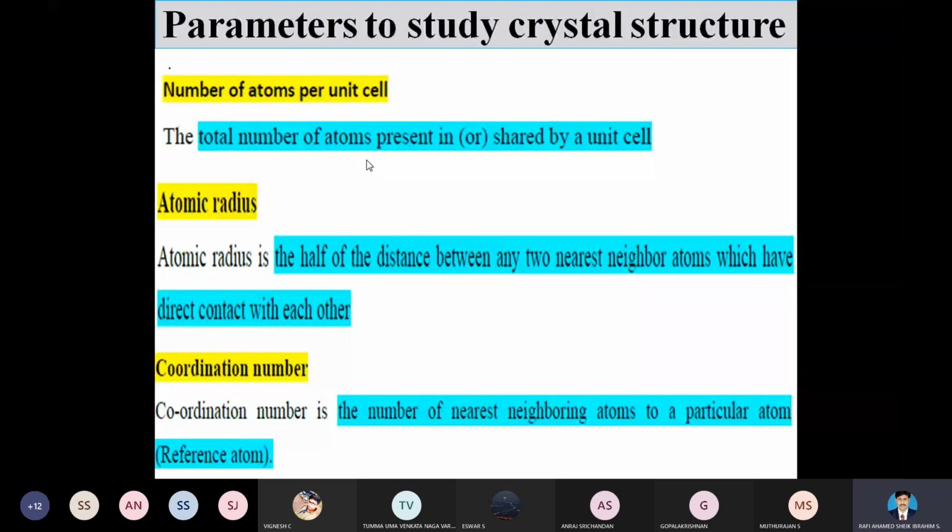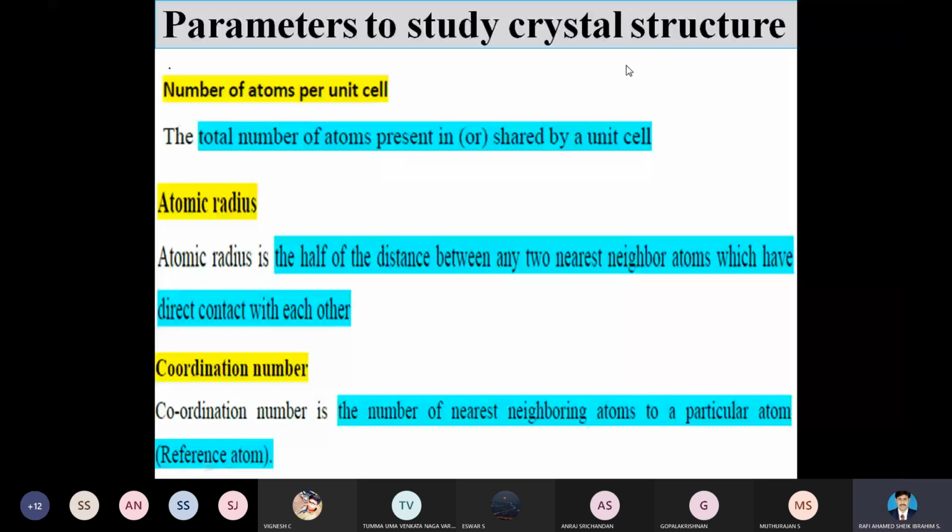We know that a simple cubic crystal structure comes under the primitive medium because we considered only a single type of atom, that too the corner atom. There is no additional atom other than this corner atom. So that we have to know first: the total number of atoms present in or shared by the unit cell.